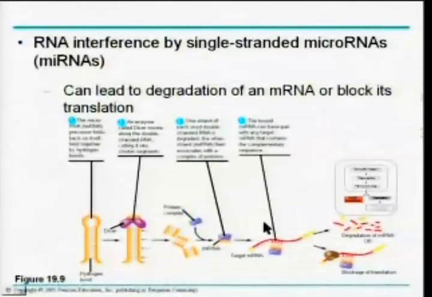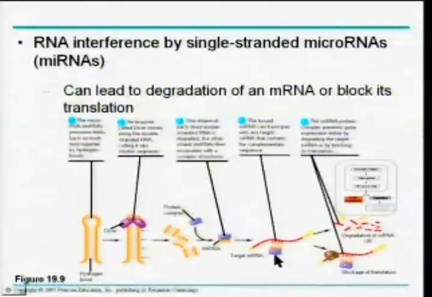The bound miRNA can base pair with any target mRNA that contains the complementary sequence. And finally, the miRNA protein complex prevents gene expression either by degrading the target mRNA or blocking its translation. The ribosome can't get past it.